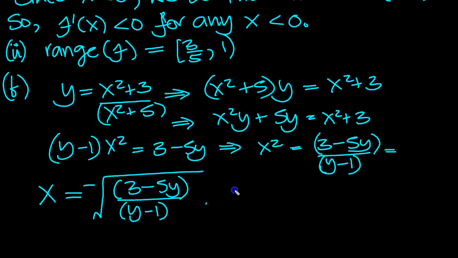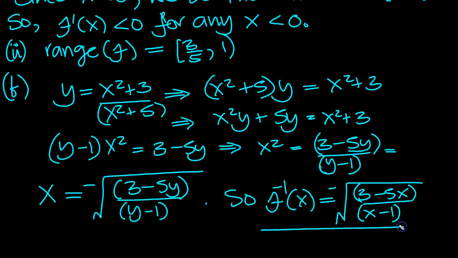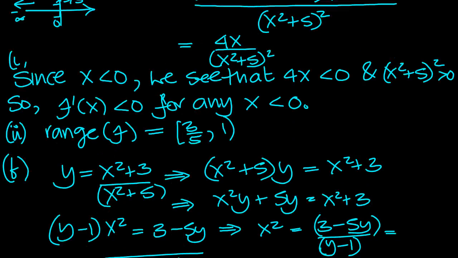So now we've got that, we can write f minus 1 of x. Change the symbols, this is y and this is x now. It's going to be the square root of, with a minus, 3 minus 5x over x minus 1. So there's our inverse function. Okay, so we've got the inverse.